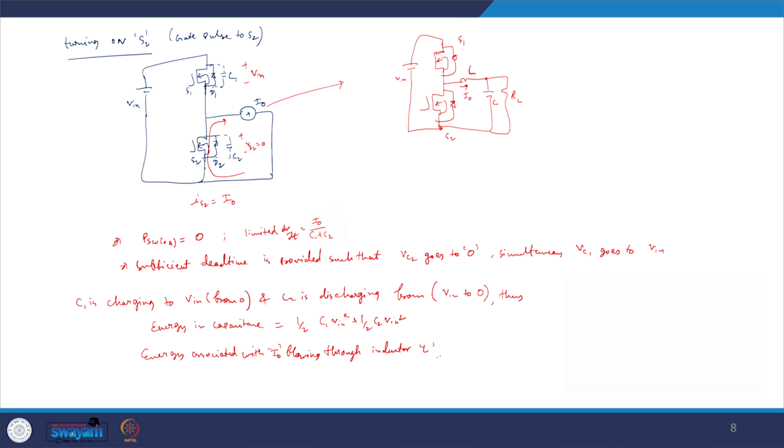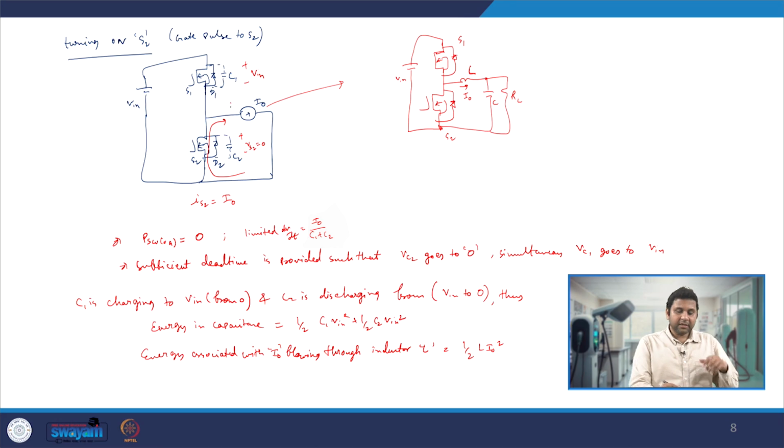Since I naught is flowing through L, the energy associated is half L I naught square. VC2 goes to 0 and VC1 goes to Vin whenever S1 turns off, during the dead time when S2 is about to turn on.